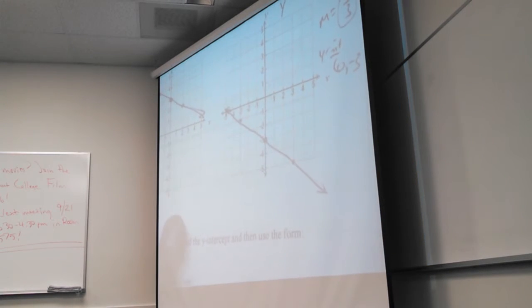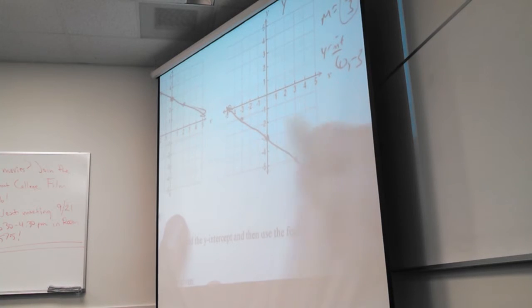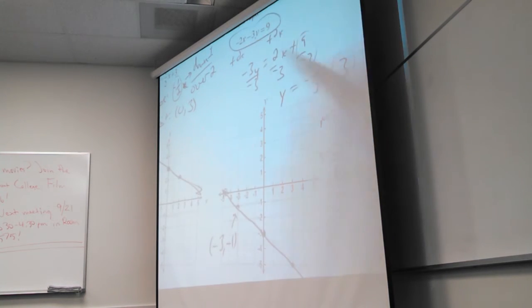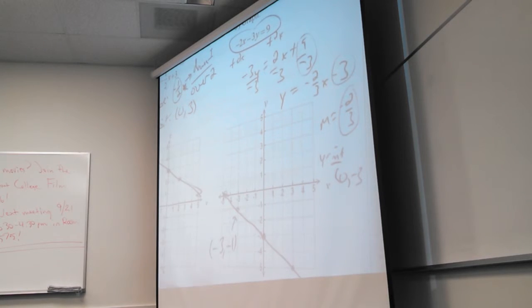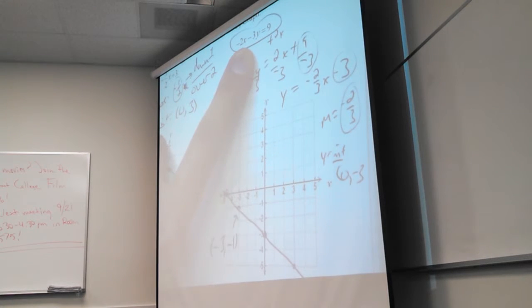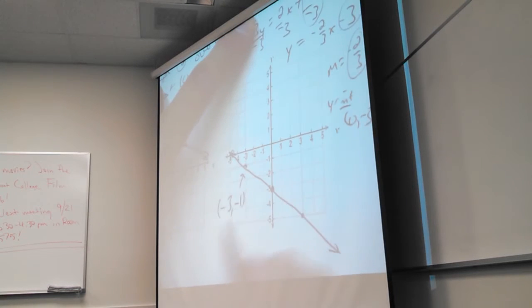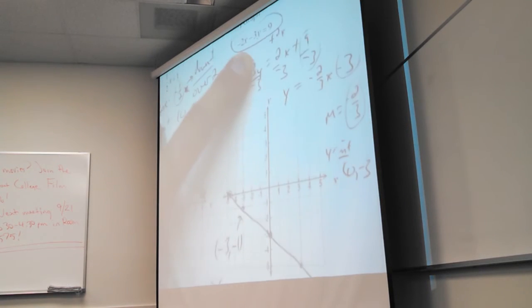Now, real quick, here's the ultimate way to check this. What point is this? -3, -1. So what's that point supposed to do here? It's supposed to work. So if I plug in -2 times x, which at that point is -3, minus 3 times -1, that's supposed to be 9.